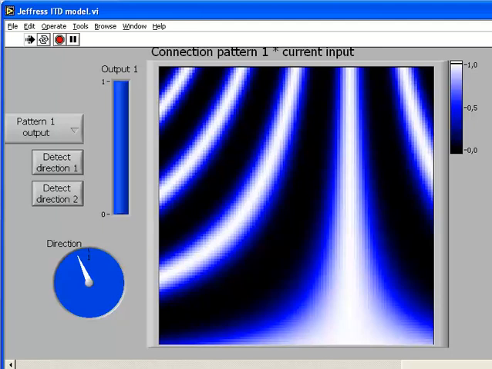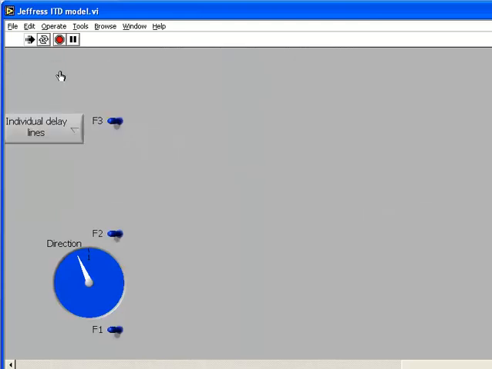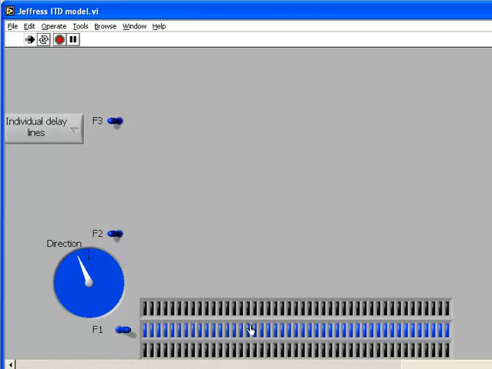Distributed because the information is in patterns, parallel because these neurons don't wait for each other. So if I go back to the individual delay lines, like here, these coincidence detectors, that one here is not asking any of the other coincidence detectors what it's doing. These things are just working in parallel.